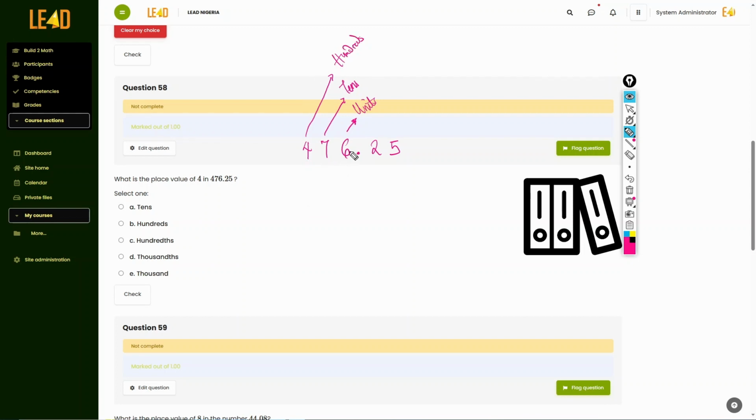Again, because all of this is the whole number, right? This is the whole number place values. Place values are bigger than 1. But then on this other side, we have the decimal place values. Here we have the decimal place values.